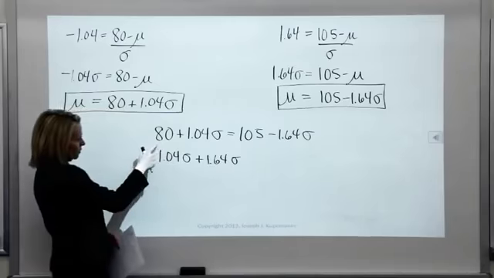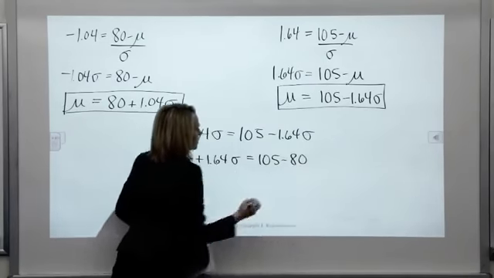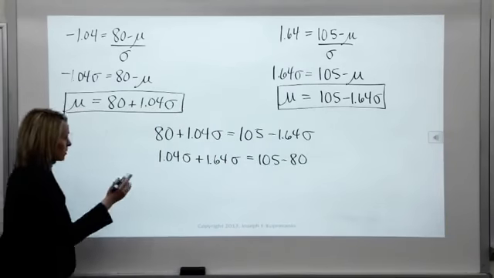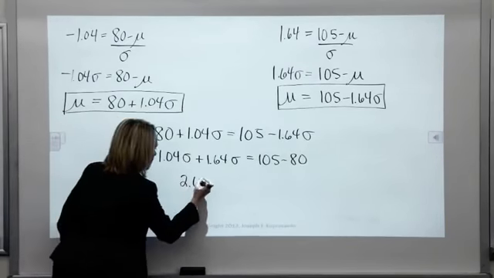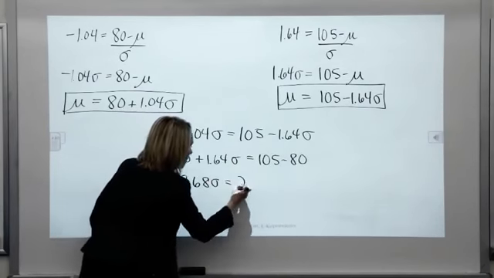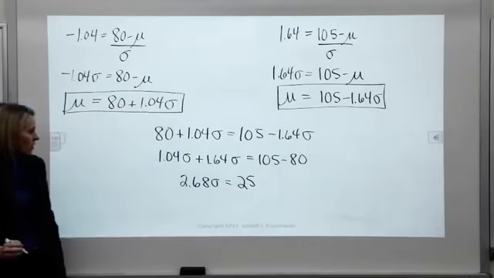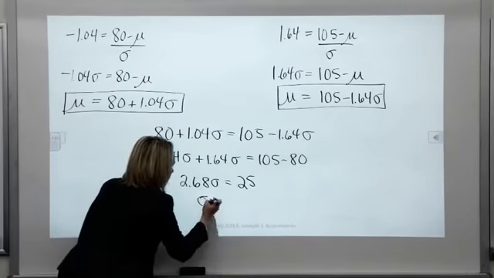And in the same step, I'm also going to subtract 80 from both sides. If we simplify this, this is 2.68 sigma. This will be 25. And now I can divide both sides by 2.68, and I have the value of sigma.